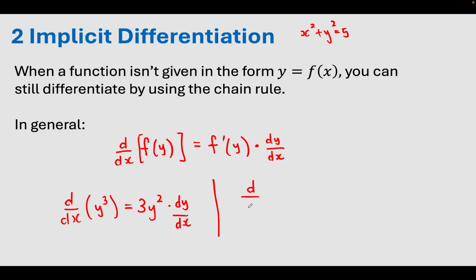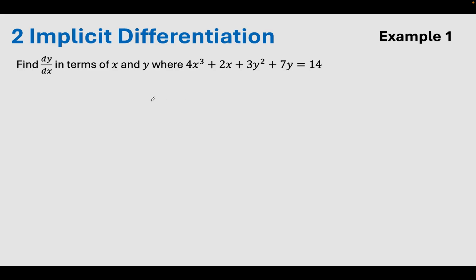If I wanted to differentiate sine y with respect to x, I get cos y multiplied by dy dx. Okay, so that's a basic introduction. Let's have a look at example 1.